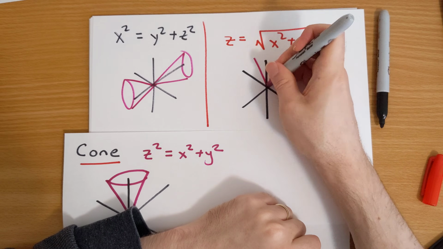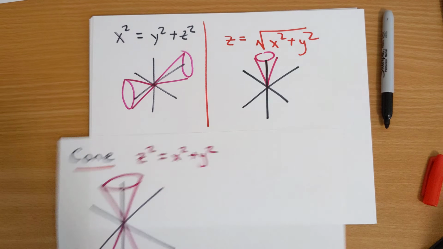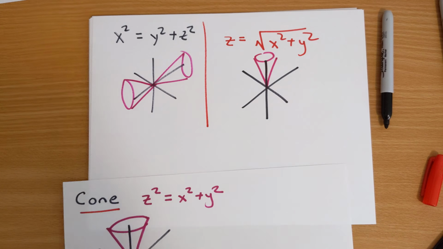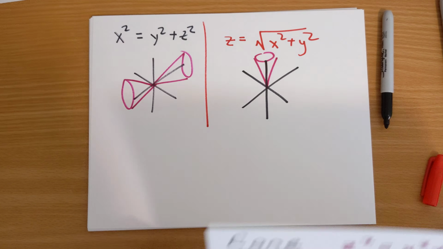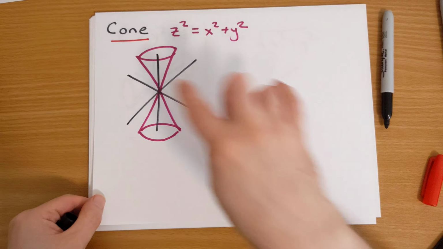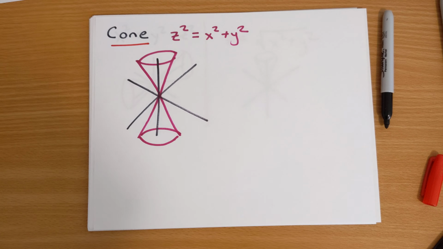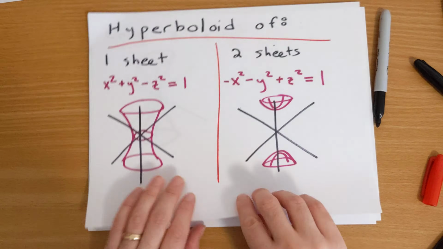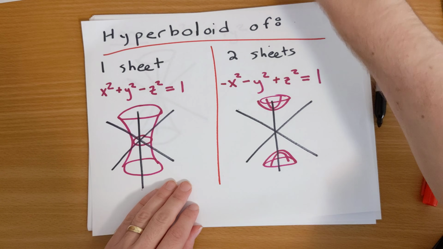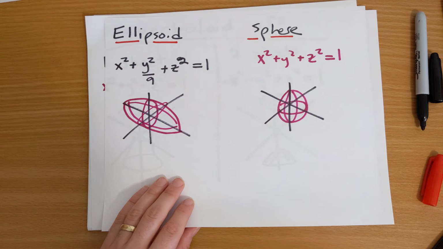In this case, z can't be negative, and so it's a single cone. Okay, so the cone, like its predecessors, the ellipsoid and the two hyperboloids, has only quadratic terms, but it doesn't have a constant term like the hyperboloids and the ellipsoid slash sphere.